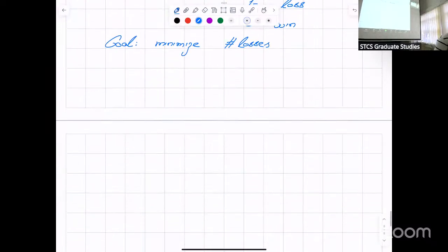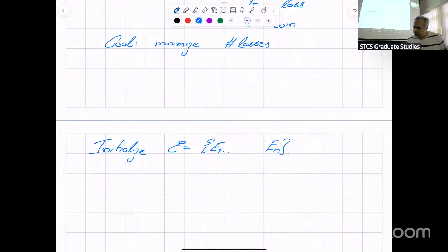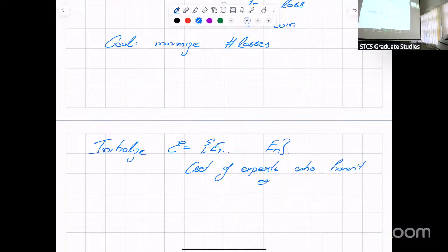So let's write the algorithm. We initialize E to be the set of all experts, E1, E2, up to En. So E is the set of experts who haven't erred so far.